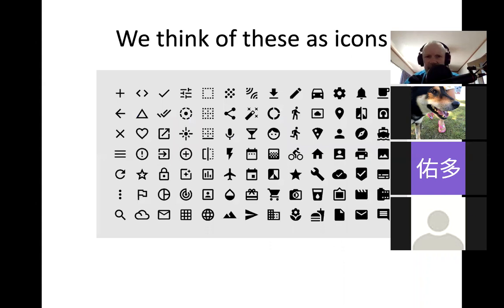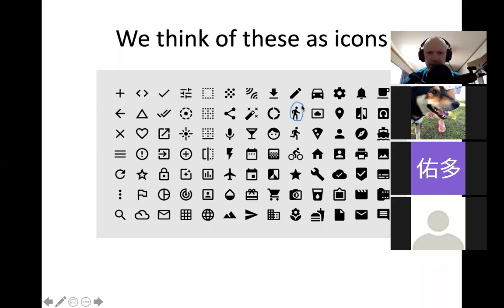Well, some of these icons, we call them icons, but they don't really look like anything. If you think about this, look at these things. It's worth thinking about. You've got this thing here, for example.